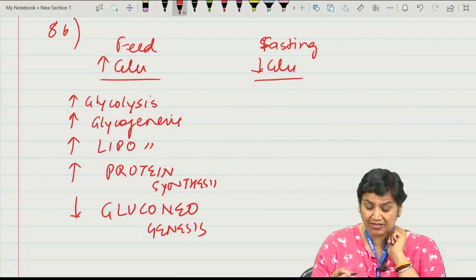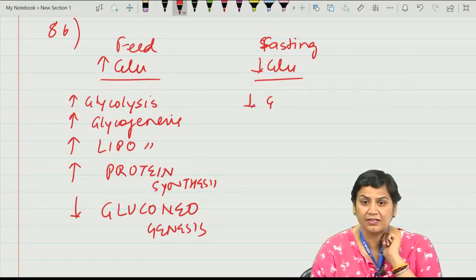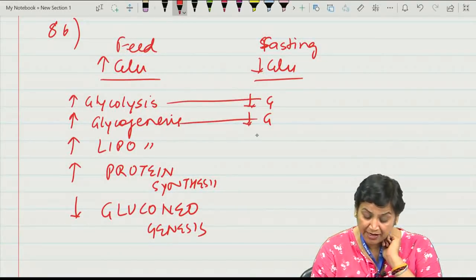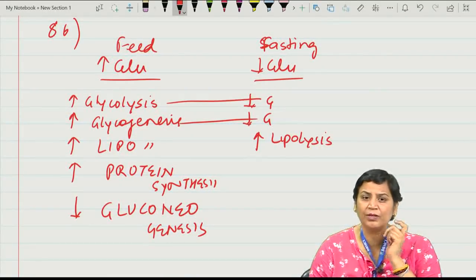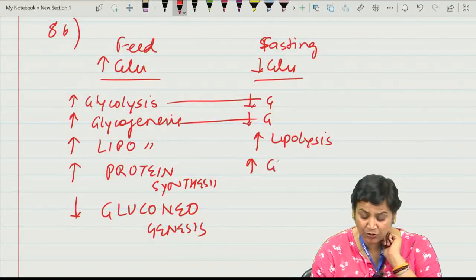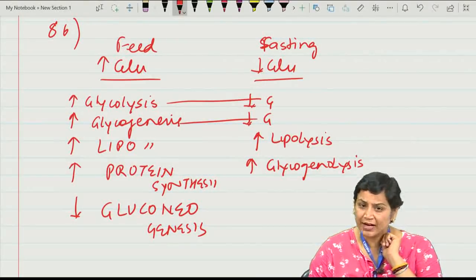On the other hand, in starvation or fasting, what happens is decreased glycolysis and decreased glycogenesis, but lipolysis will increase because cells need energy. Energy will come from the degradation of fatty acids. Similarly, increased glycogenolysis will be there, right?